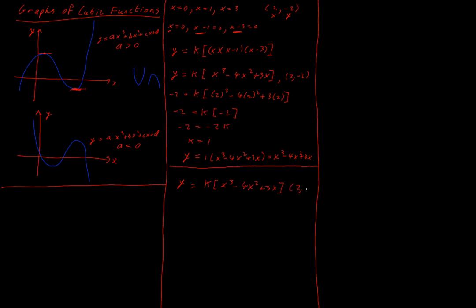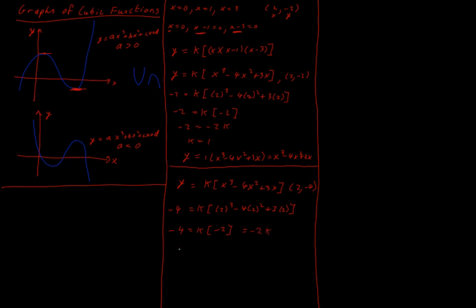But now one of my points on my line is 2, -4. So if I set that in, I get -4 is equal to k times 2 cubed minus 4 times 2 squared plus 3 times 2. When I simplify that down, I get -4 is equal to -2k.